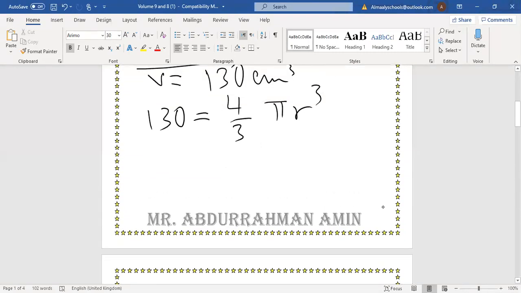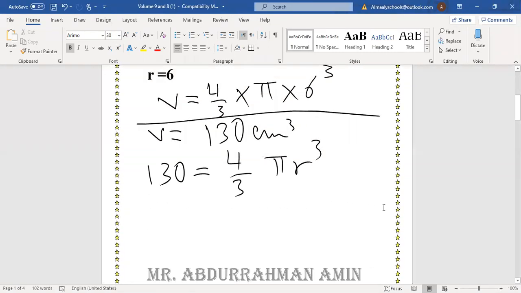And then we will send 4 over 3 to the other side. It will be 130 divided by 4 over 3, which equals pi r cube. So 130 divided by 4 over 3 is 97.5. This is pi r cube.